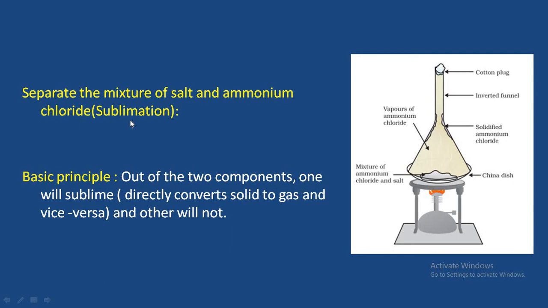Then what is sublimation? Sublimation is the process in which a solid substance is directly changed into gas without changing into liquid, and vice versa. Here is the meaning of vice versa: gas changes into solid without changing into liquid.